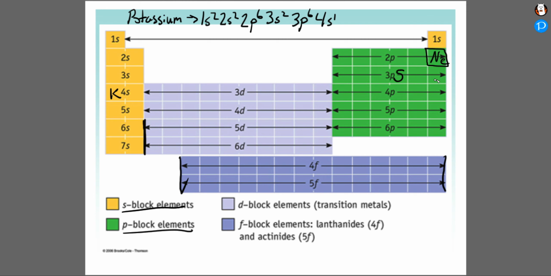If I were to look at the noble gas that's right before it, right here, which would be argon, let's write out the electron configuration for that. So it would be 1s2, 2s2, 2p6, 3s2, 3p6.